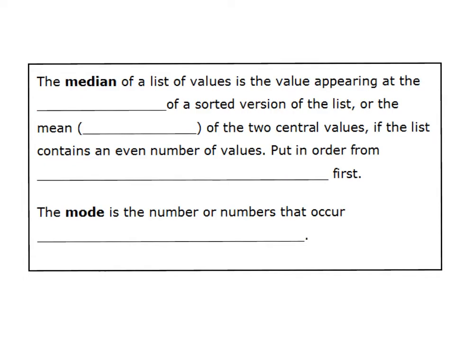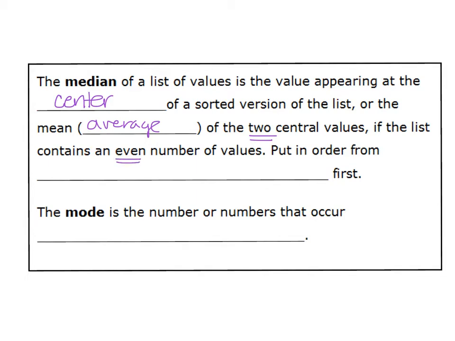The median of a list of values is the value appearing at the center of a sorted version of the list, or the mean, which, as we learned, is also the average, of the two central values if the list contains an even number of values.